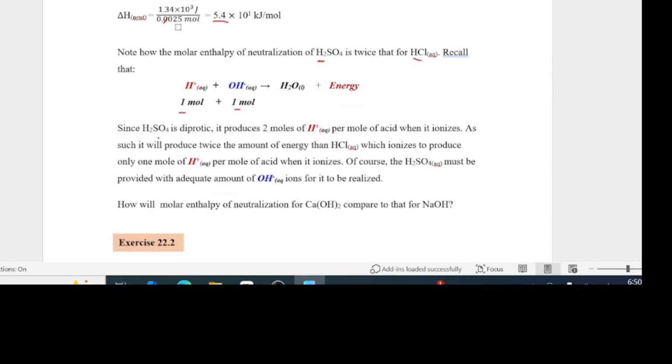Alright? Since H2SO4 produces 2 moles of hydrogen per mole of acid when it ionizes, it will produce twice the amount of energy as HCl, which ionizes to produce only 1 mole of hydrogen per mole of acid.